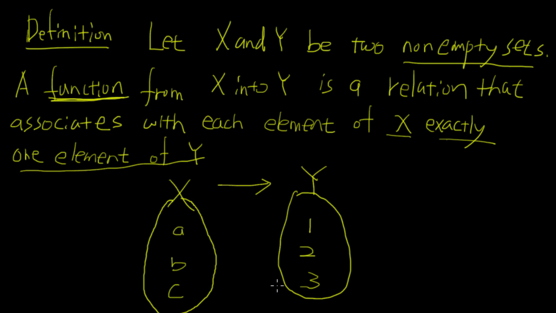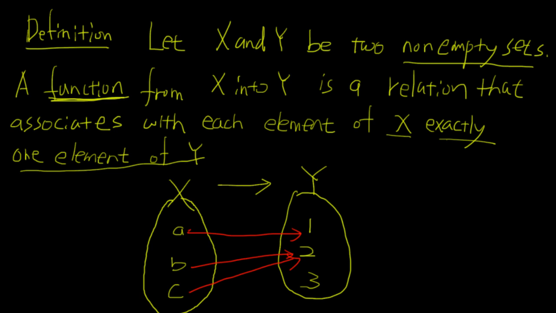Meaning like this, there should be a relation between x and y, but there must be one line coming from each element of x. So, for example, a goes to a, b goes to 2, c also goes to 2.